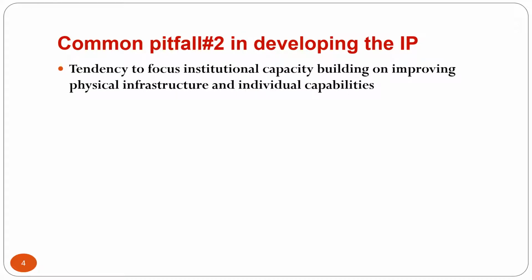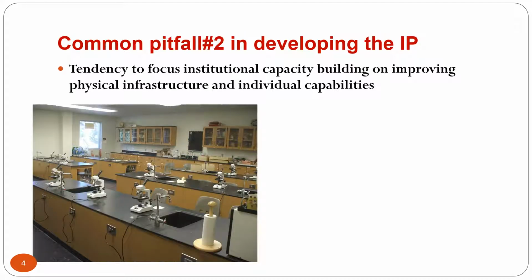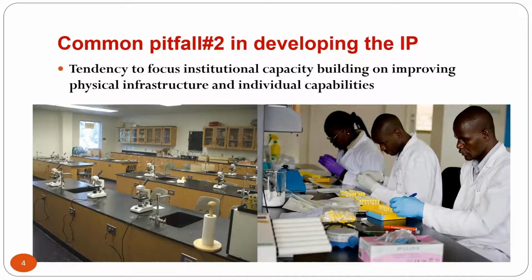Another common pitfall in developing the implementation plan is that we see many universities or teams focusing their institutional capacity building on improving the physical infrastructure. That means buildings, labs, lecture halls, things like that, and on training the core staff in getting the capabilities to run the labs and to use smart classrooms, things like that.